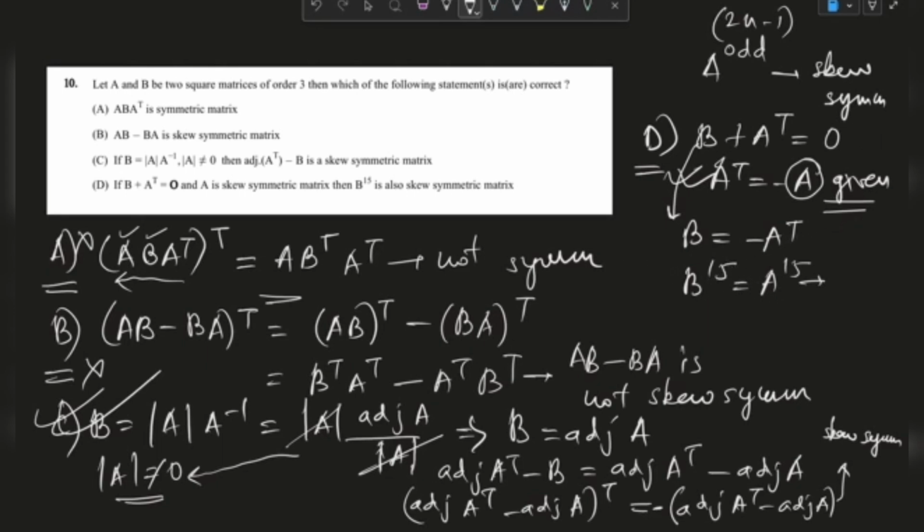Although they have actually given 15, so better to take 15 here. So basically A power 15 will be skew symmetric. So obviously B power 15 is also skew symmetric. So yeah, D is also correct. This was a simple question, so our correct answers for this question are, I guess, C and D.